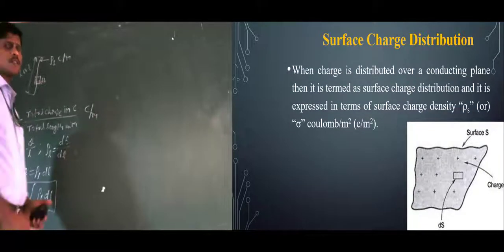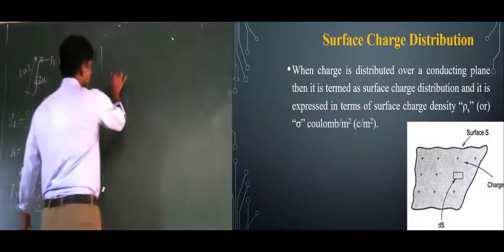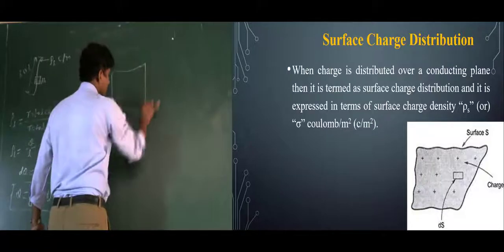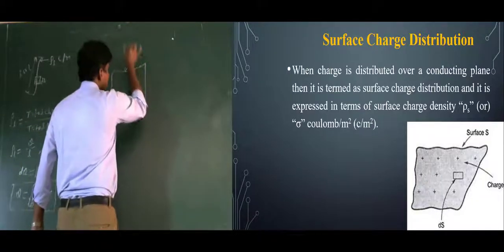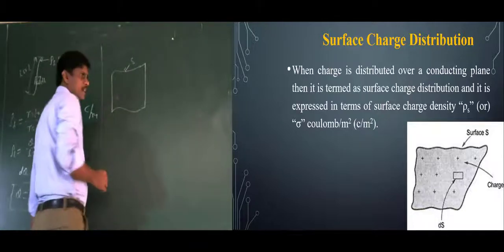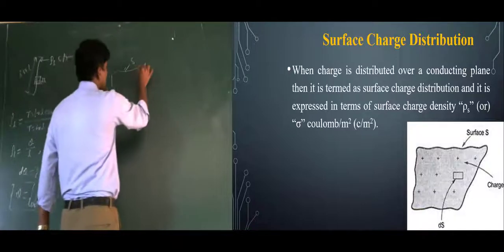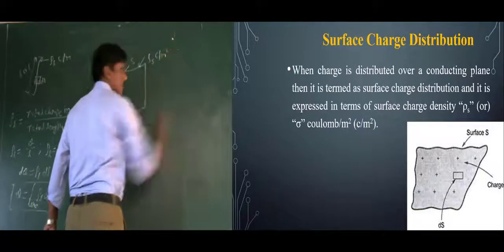The second one is surface charge distribution. Let us consider a surface sheet. The surface sheet area is S and the surface charge density is rho suffix S, in coulombs per meter square.